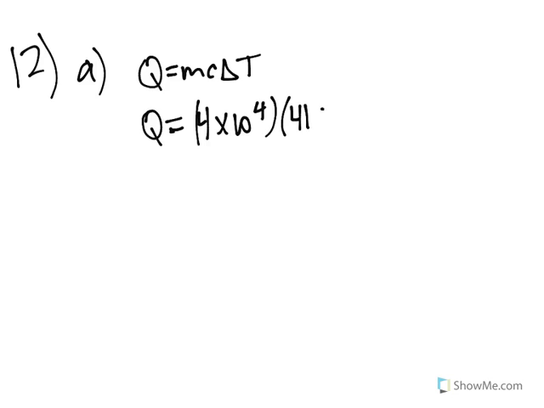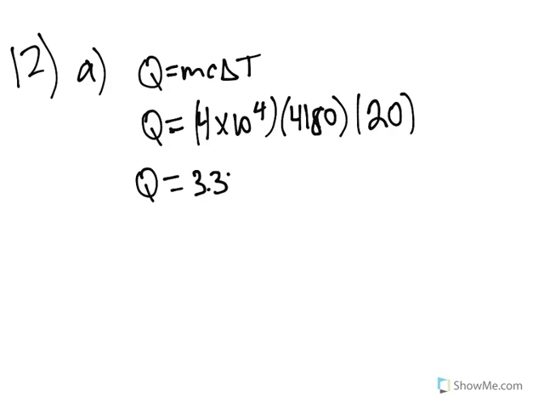So that's 4,180. Then the temperature difference. The temperature difference is 20 degrees. And so if we solve for that, we get 3.34 times 10 to the ninth joules.